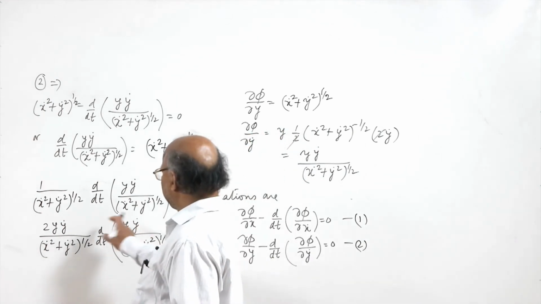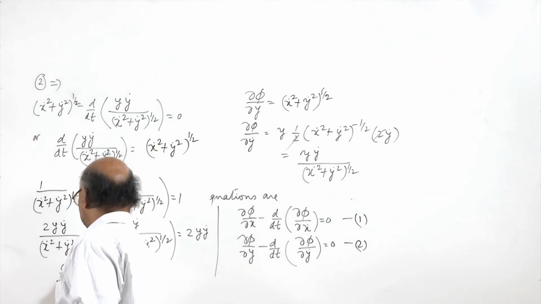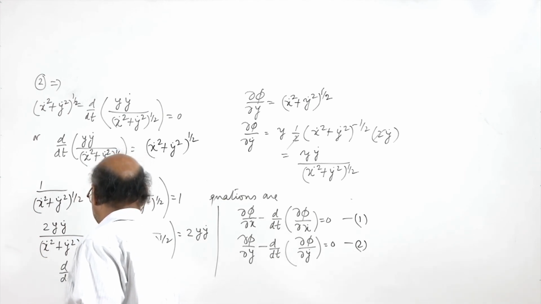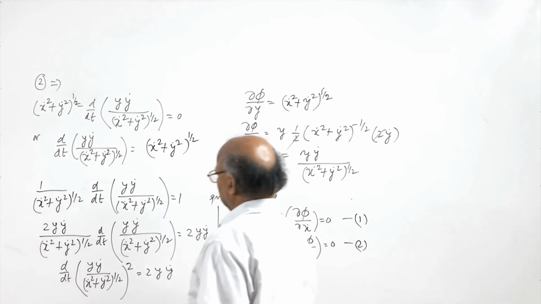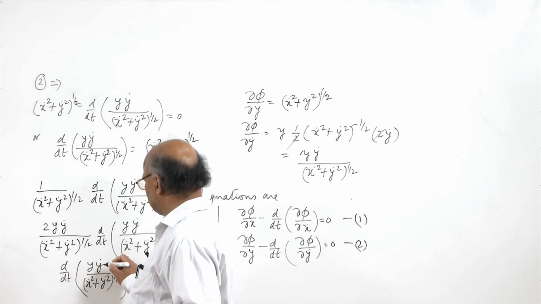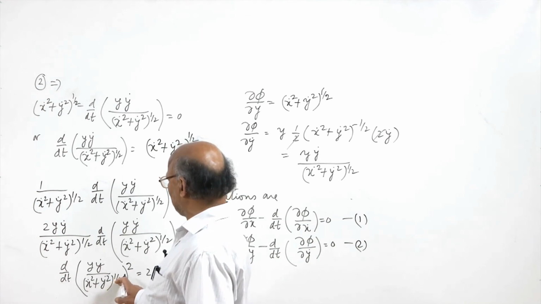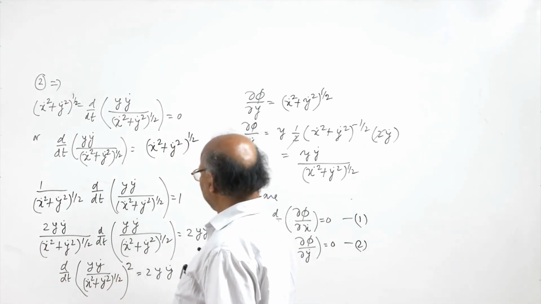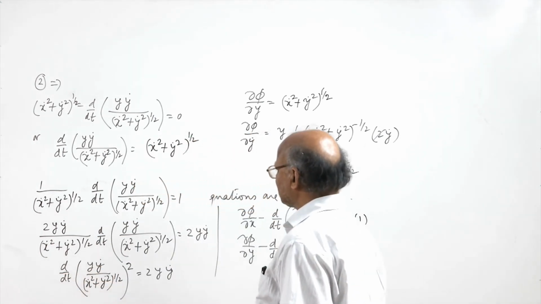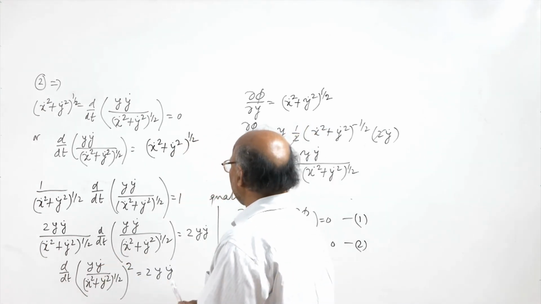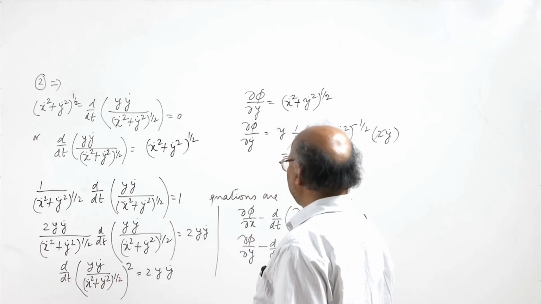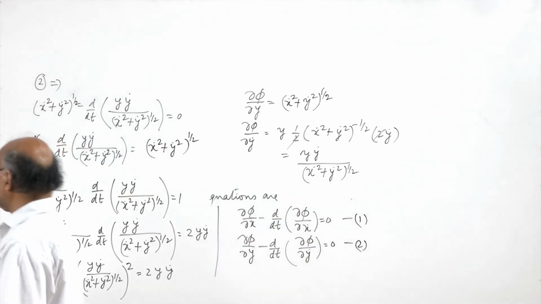Now we can see that the left hand side is the differential of, when we differentiate y y dot upon (x dot square plus y dot square) whole to the power half, the whole squared, what we get is 2 times y y dot upon (x dot square plus y dot square) to the power half into the derivative of y y dot upon (x dot square plus y dot square) to the power half.